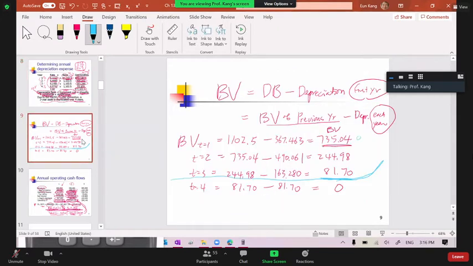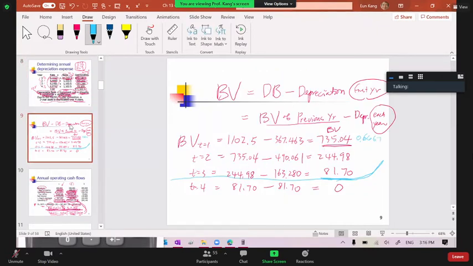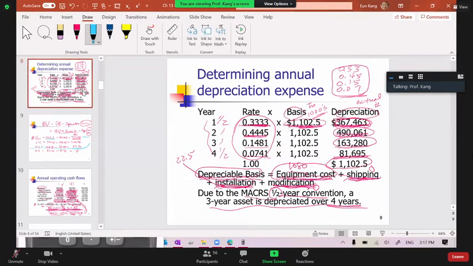Then in year 2, 0.3333 plus 0.4445 is 0.7778. So you will have 0.2222, right? 0.2222.